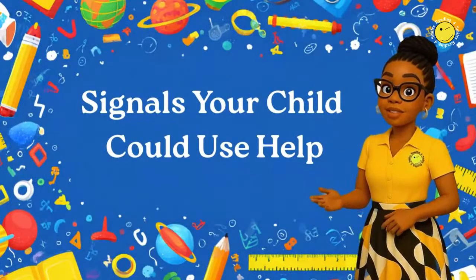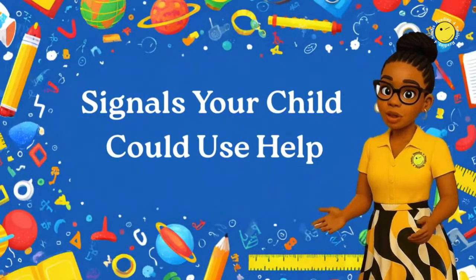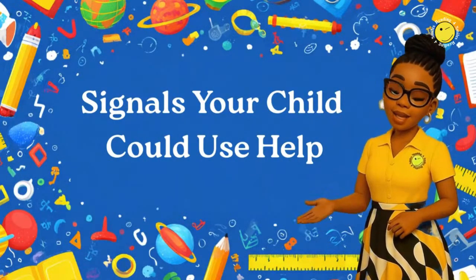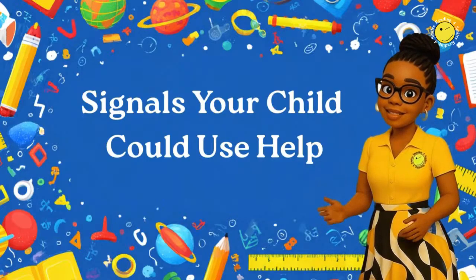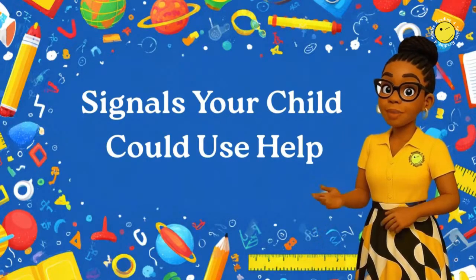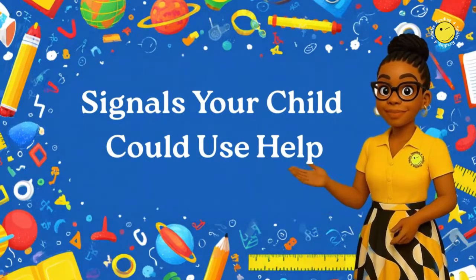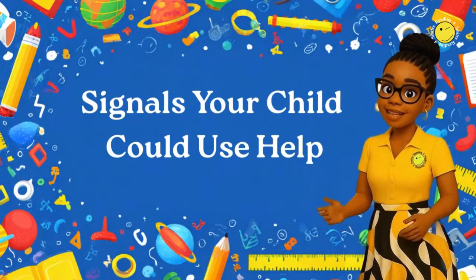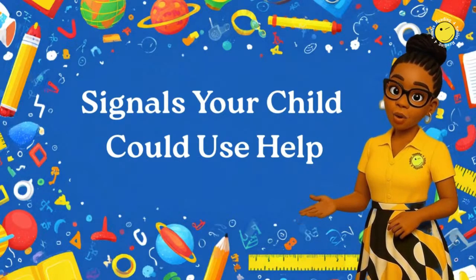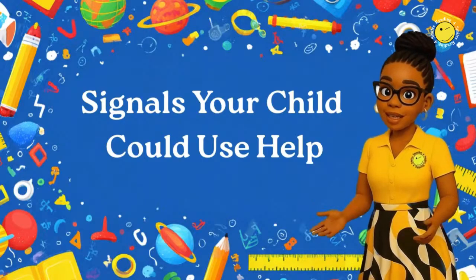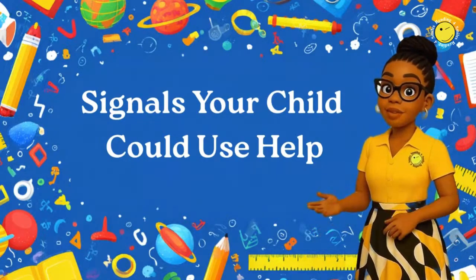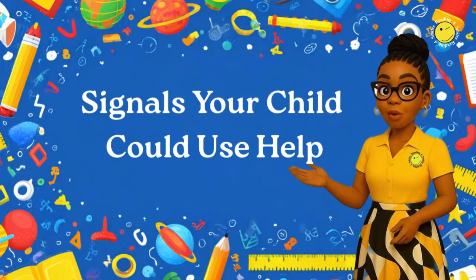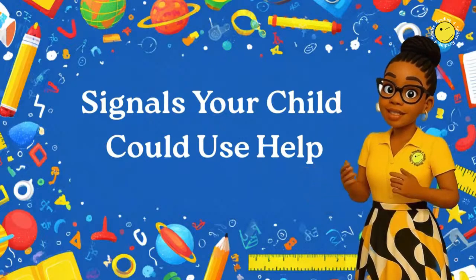Now let's have the conversation on what to look out for and to be able to identify any signs that show you your child may be struggling. If they are reading and they can't explain what they read or they forget really quickly, it's time to revisit some of the foundational questions when it comes to reading text.